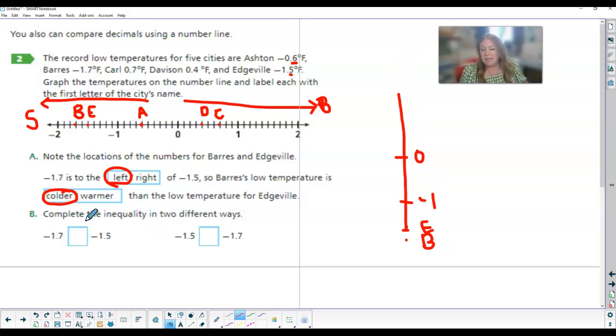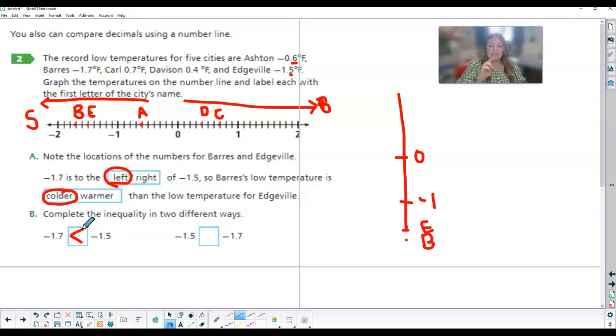So now we're going to complete the inequalities. We're going to compare negative 1.7 and negative 1.5. So we know this one is smaller. So if I read that, negative 1 and 7/10 is less than negative 1 and 5/10. If I read it backwards, it sounds correct as well.